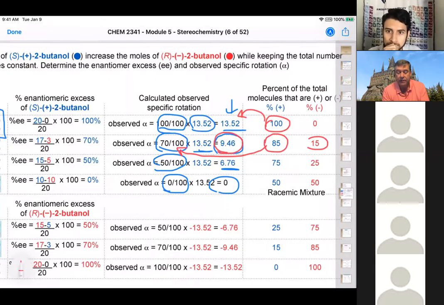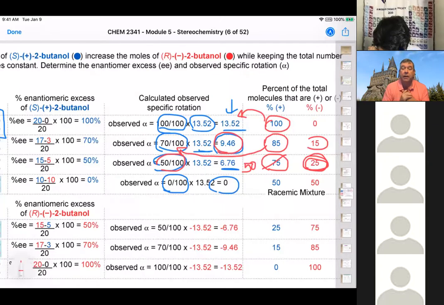In the case of 75% of the molecules versus 25% of the molecules, that means we are only going to have 50, because for every one of these molecules, we have to cancel one of those molecules out, dropping this to 50, meaning we are only going to get 50% of that optical activity. And by the time we have 50 and 50, these are going to cancel out all those, and we're going to have 0%.